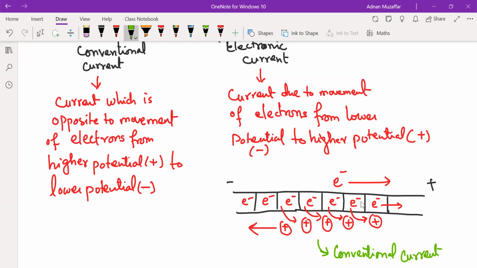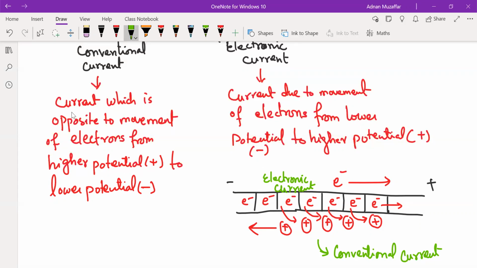But if we consider the movement of electrons in reality, this will be electronic current, as it is very clear from its name: the current due to the movement of electrons from lower potential to higher potential. But technically, I have not used the words 'movement of positive charges'.